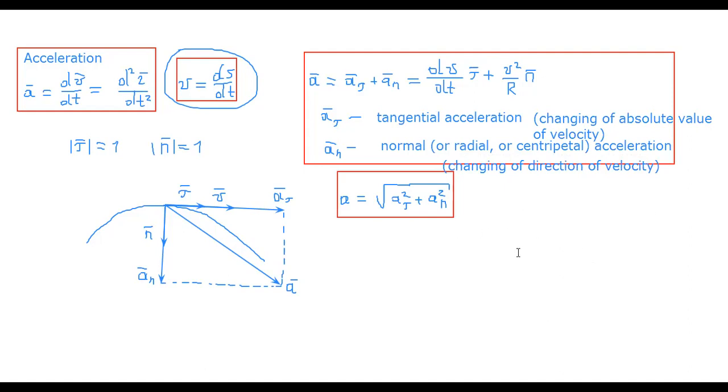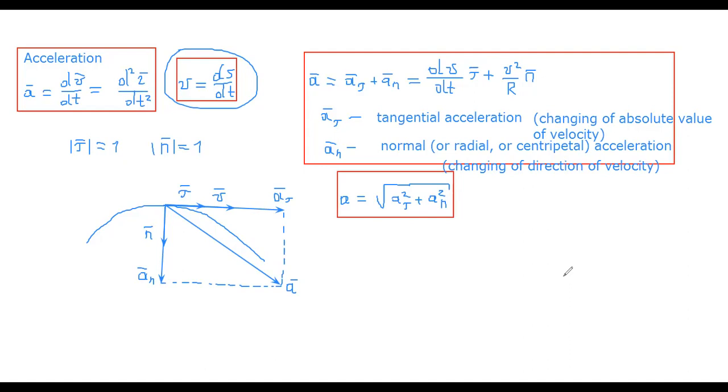Because we have to consider two types of acceleration, tangential and normal, to understand how velocity changes by its absolute value and how it changes by its direction.